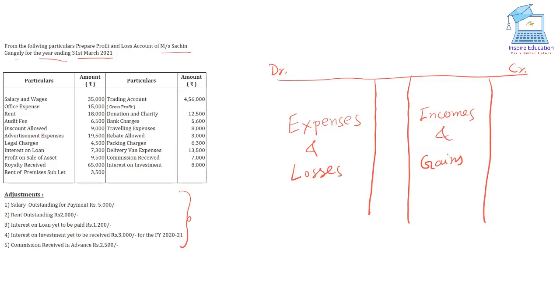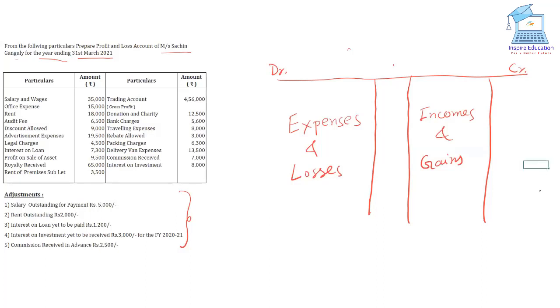Now the question is that we'll be posting the expenses and loss items in the debit side of the profit and loss account, and incomes and gains in the credit side.